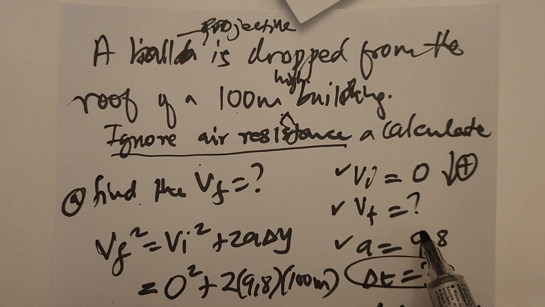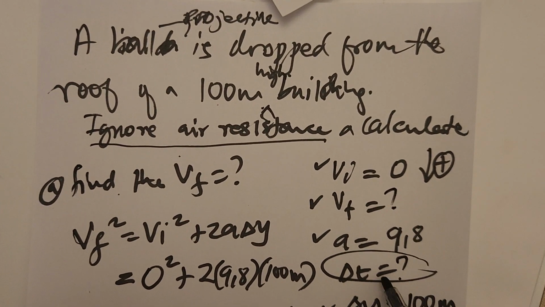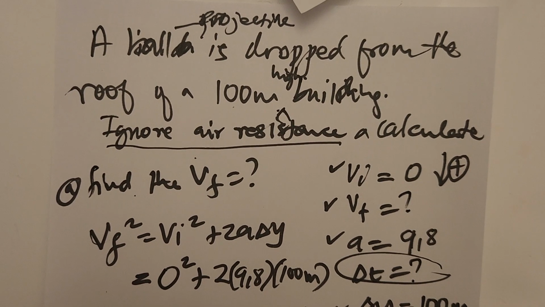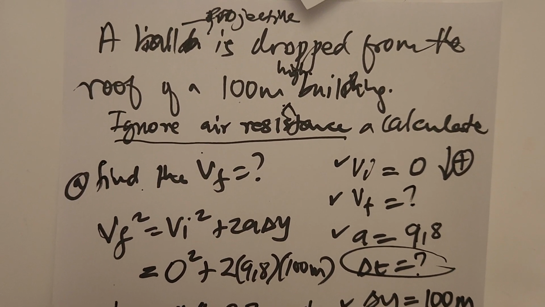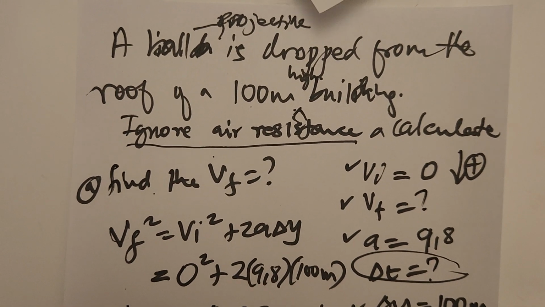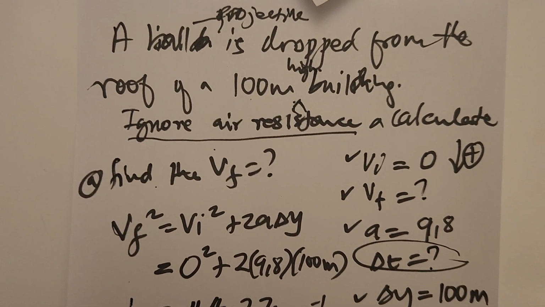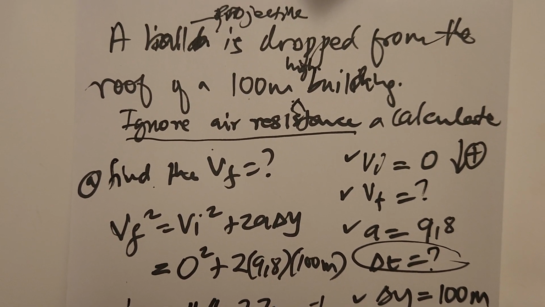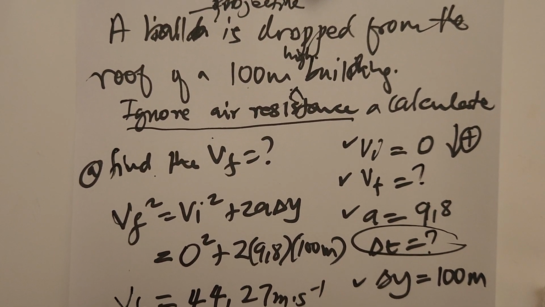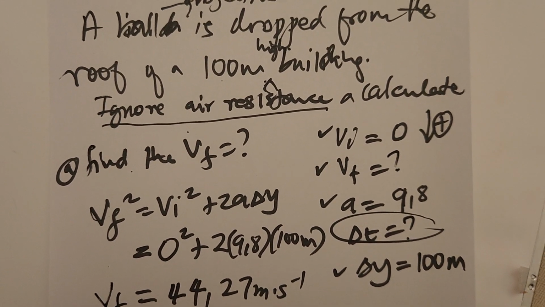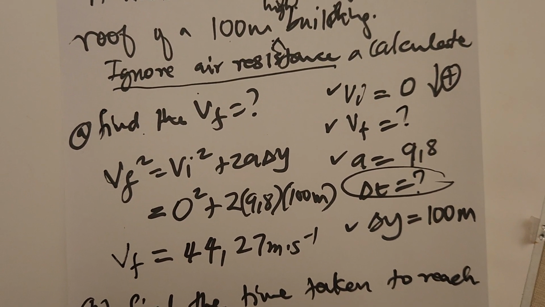We say you can either calculate Vf or delta t. So you expect the second question to say calculate the time taken. Obviously, they say so how long it takes the ball to reach the ground. So find the delta t. Find the time taken to reach the ground.